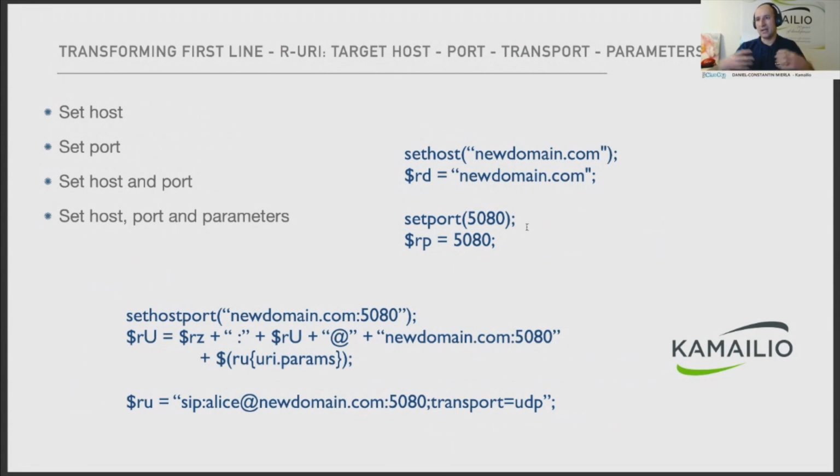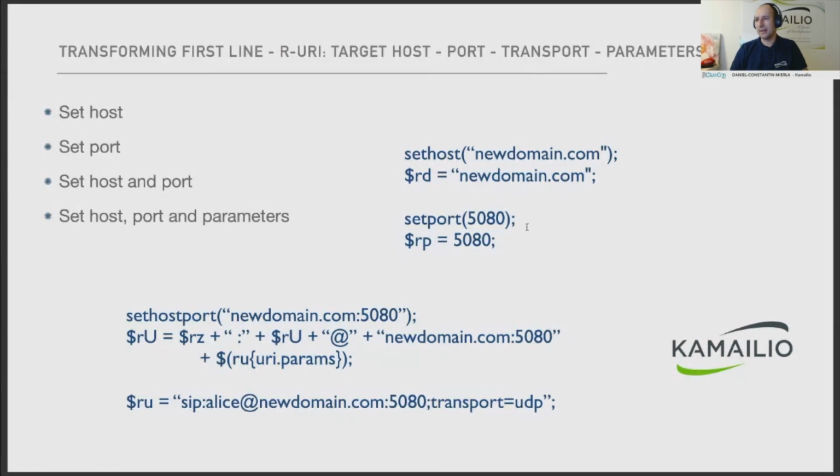Setting the entire URI is possible by assigning to $ru, and then you have this sip:alice@newdomain.com port and transport as a parameter. You can add many parameters following the SIP URI format from the specification.